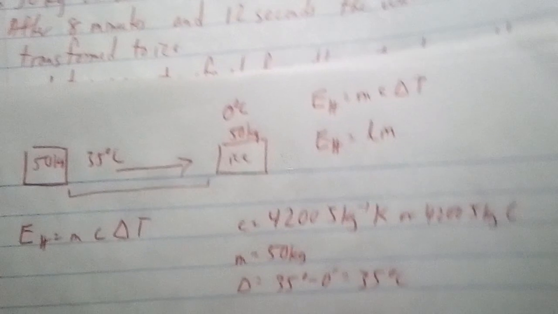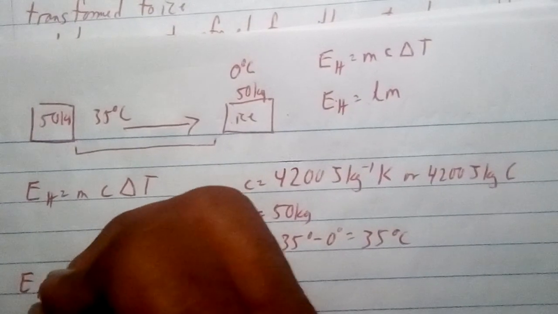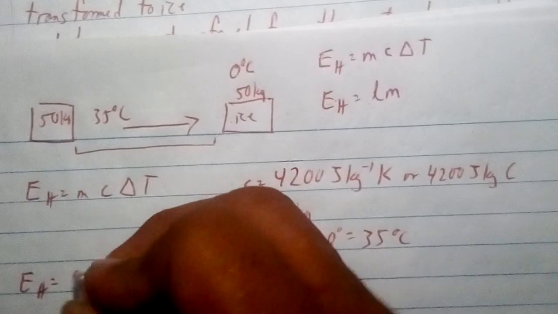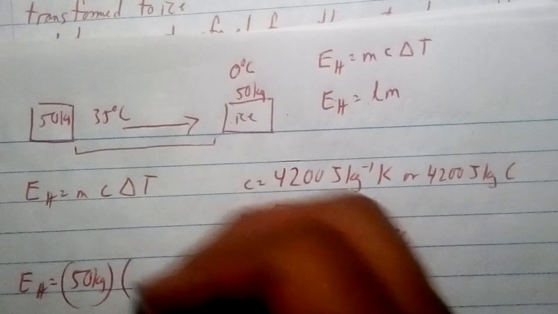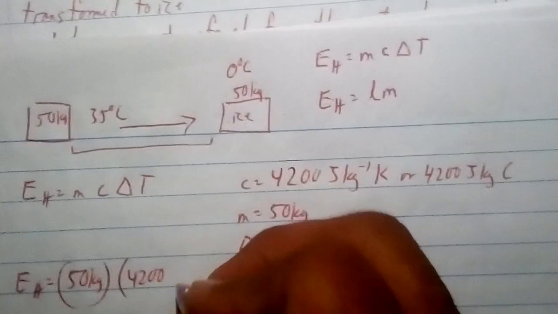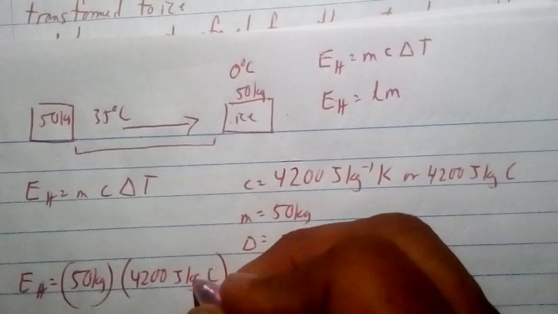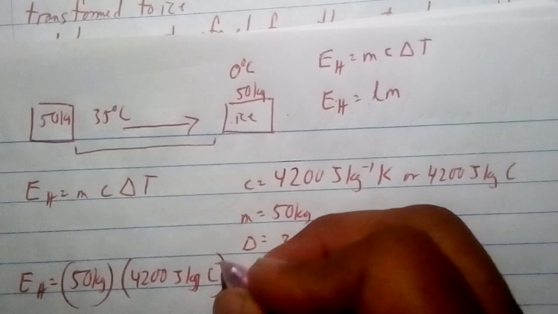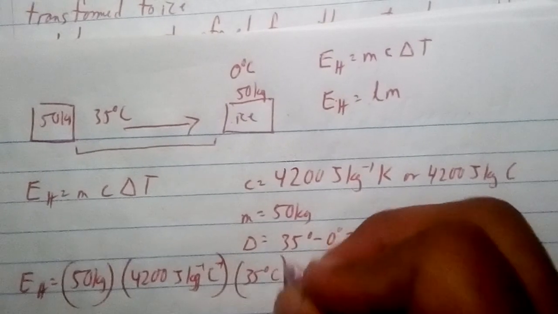Alright, so now we substitute into our equation. We end up with energy is equal to mass of 50 kilograms times the specific heat capacity 4200 joules per kilogram per Celsius. I'm going to keep it in Celsius, doesn't make any difference. Then times the temperature change of 35 degrees Celsius.